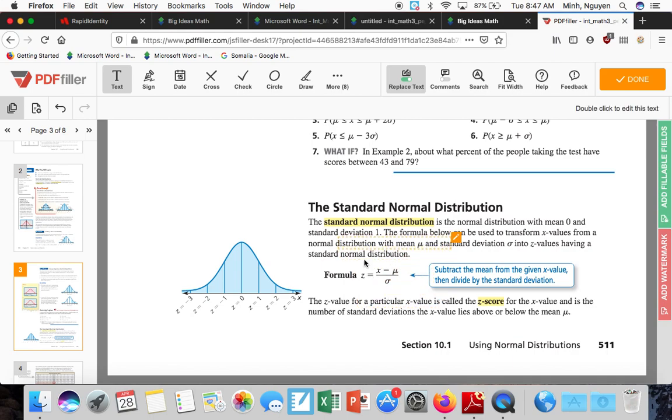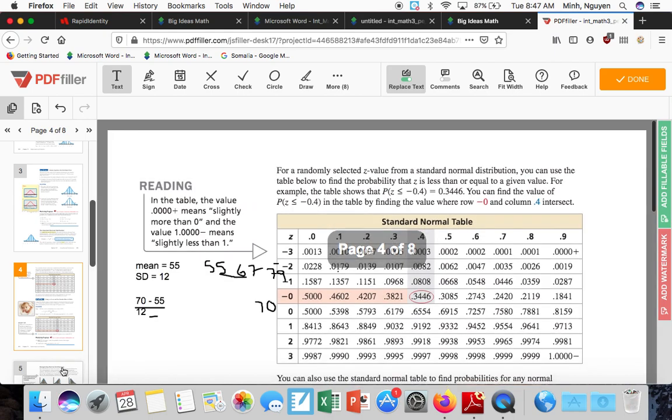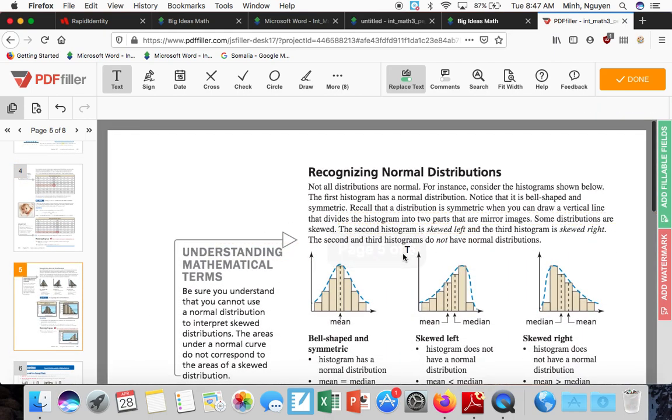And you could use this formula for all of that.